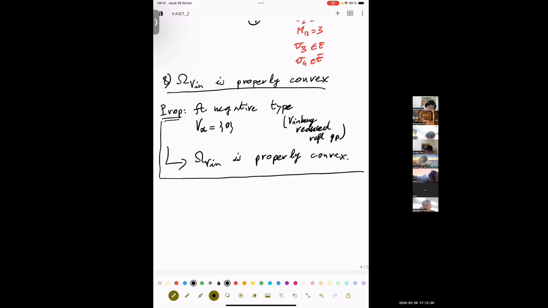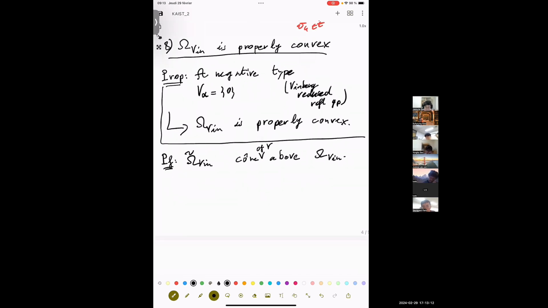Okay, what is the proof? So we are in the projective space, so you go to the vector space. You consider omega tilde Vin, which is a cone above omega Vin; there are two cones above, you choose one. And you take the closure of this cone.